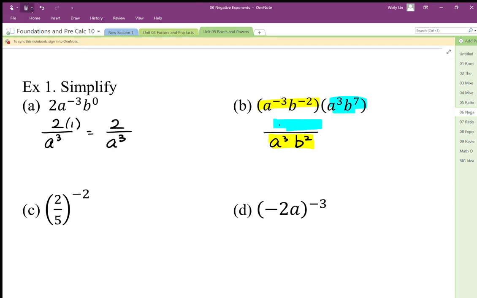So any positive power is times. So I have a cubed b7. Well, if I'm dividing by a 3 times and multiplying by a 3 times, the a's really just cancel out. And I can get rid of 2 divides from the times, and I'm just left with b to the power 5.